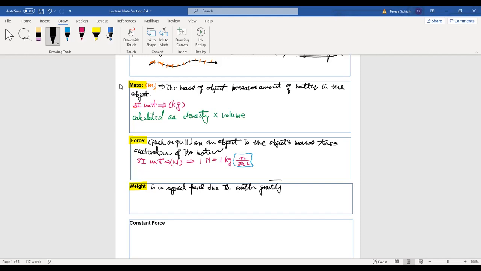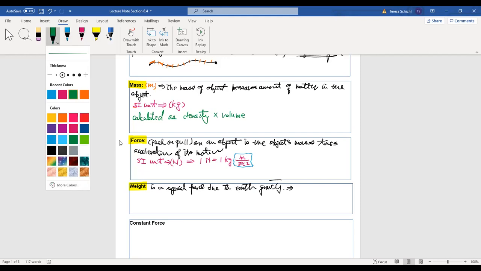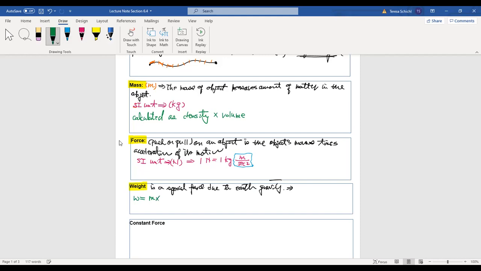The way we define it, the weight is calculated as the mass times the gravity, so W equals m times g, where g is 9.8 meters per second squared.